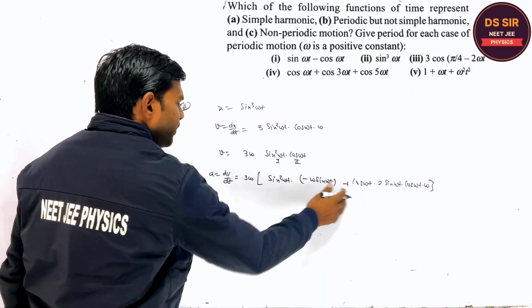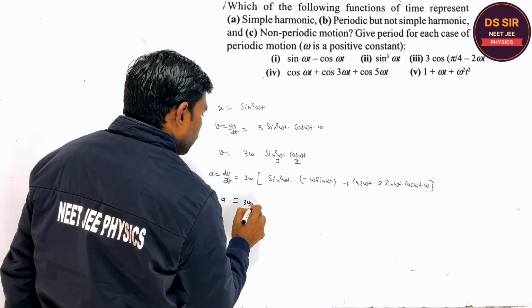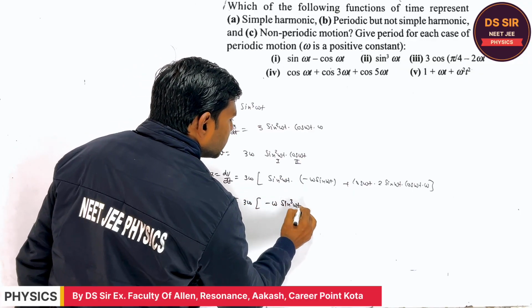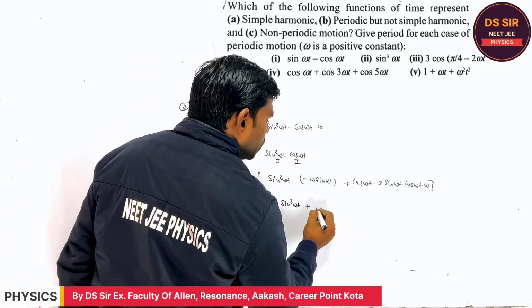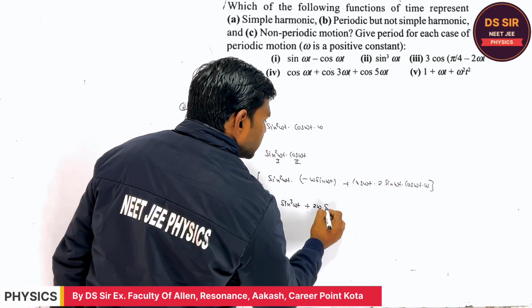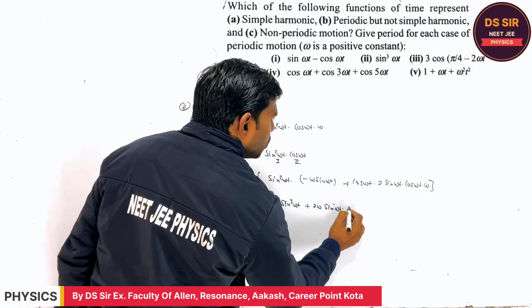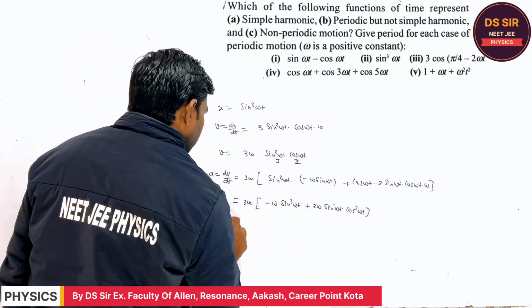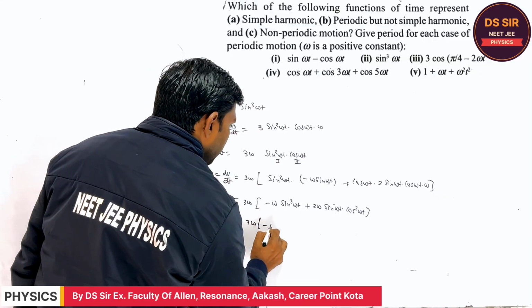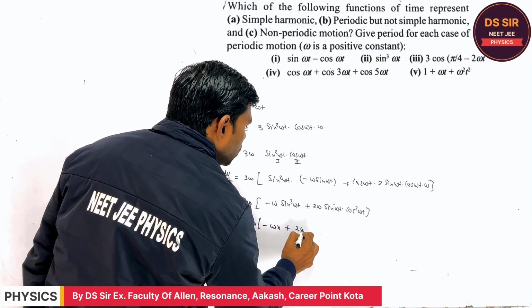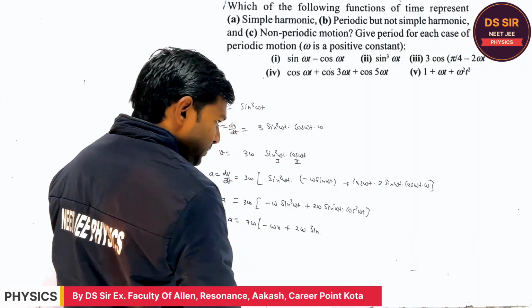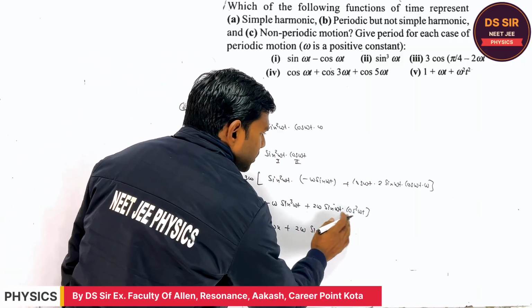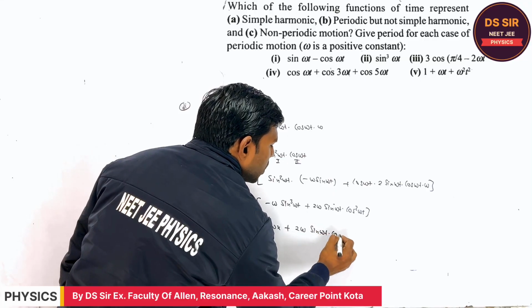So this is the acceleration: 3 omega, this is minus omega sin cube t, plus 2 omega sin omega t into cos square omega t. You may write a is equal to 3 omega times minus omega x, plus 2 omega sin omega t into cos square omega t.